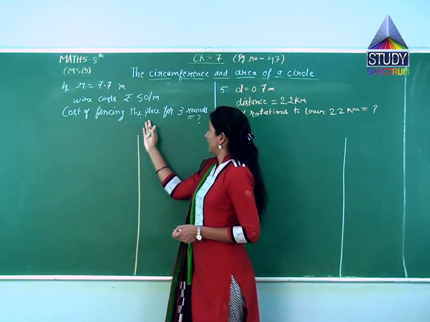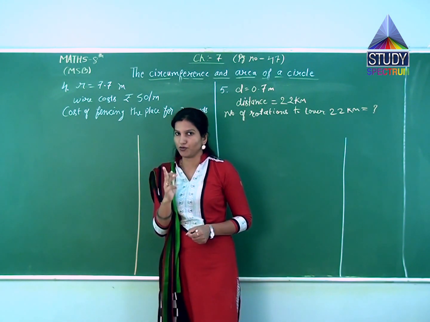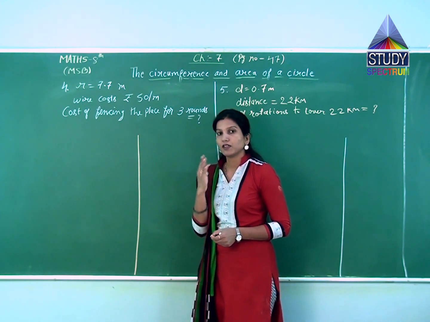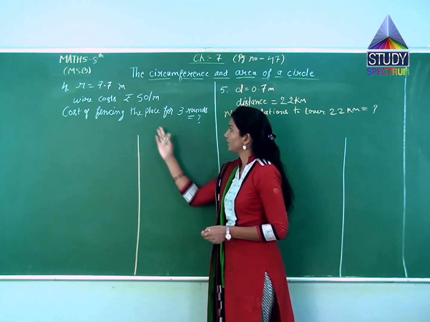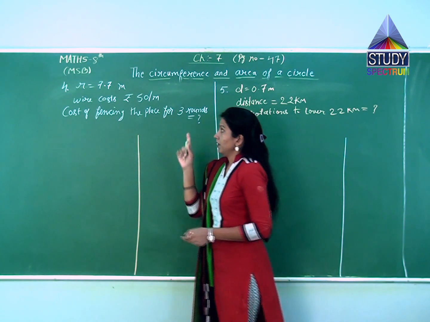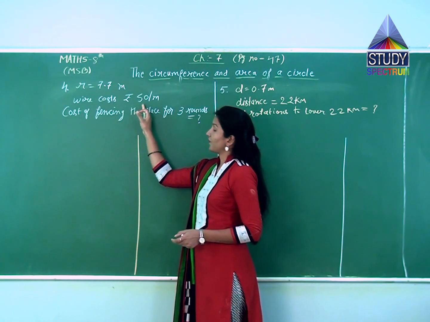We have to find the cost of fencing the place for 3 rounds. So we have to multiply the circumference by 3. The wire used for fencing costs rupees 50 per meter.